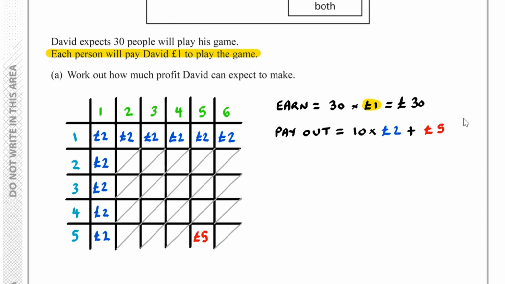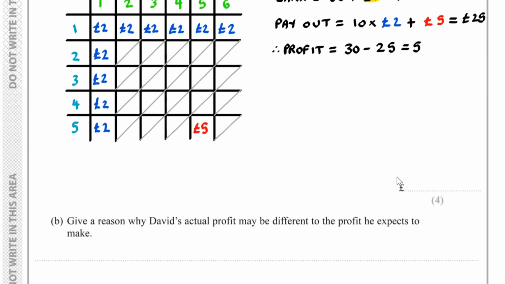And if I work that out, I would have to pay out £25. And therefore my profit is equal to 30 take away 25, which is £5.